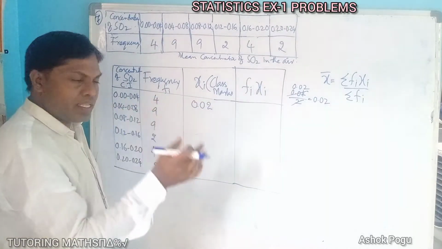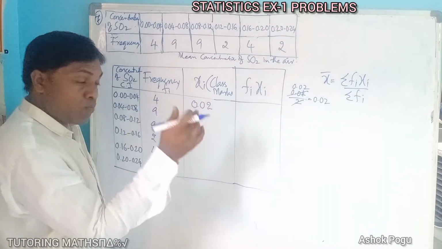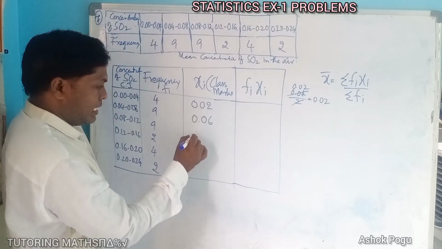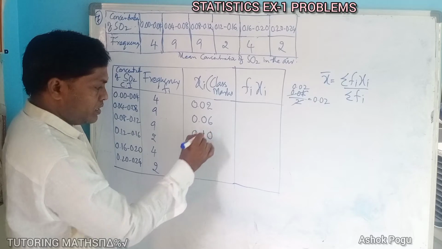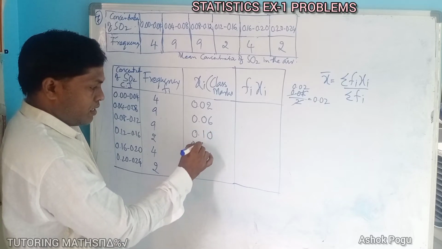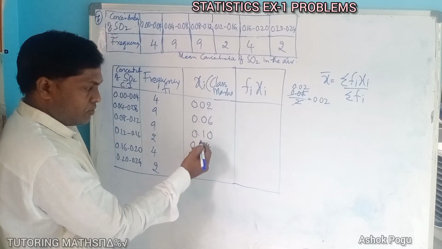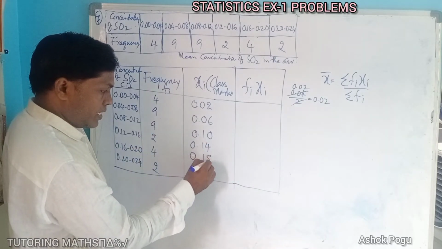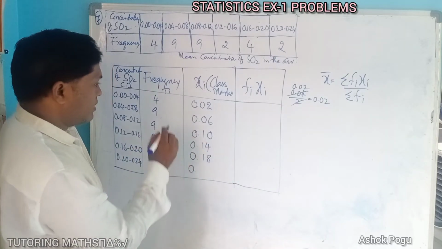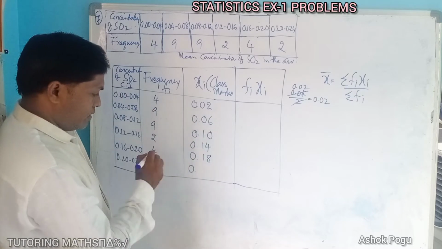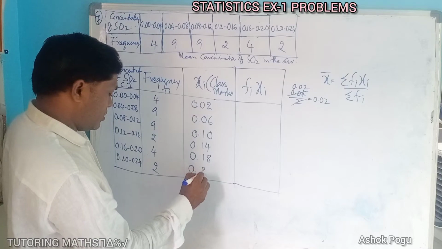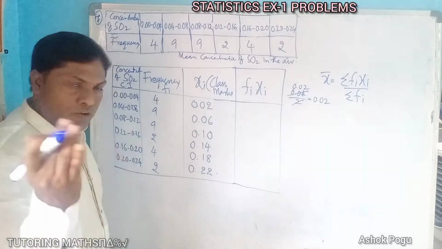So follow the same thing: increase the result by 0.04. You get 0.06, 0.10, 0.14, 0.18, and the last value is 0.22. We have got all the results.